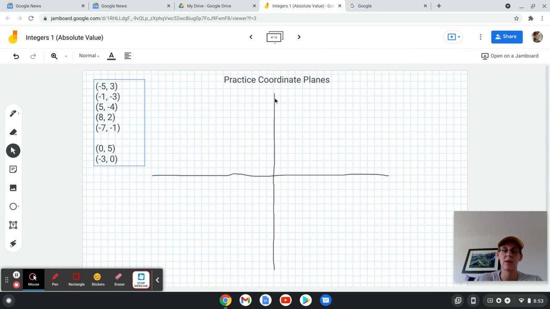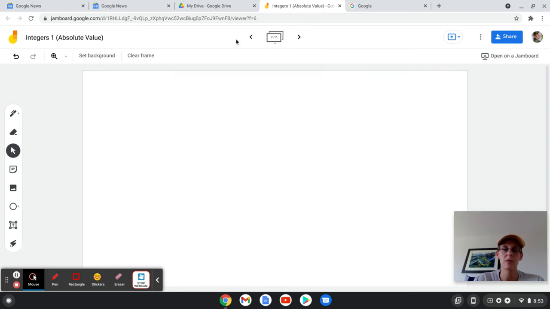You can just, like I said, make an x-axis, make a y-axis, and then just make some little lines. So for example, if I had a blank sheet of paper, I would just go like this. And then make about 10 lines going out in each direction.